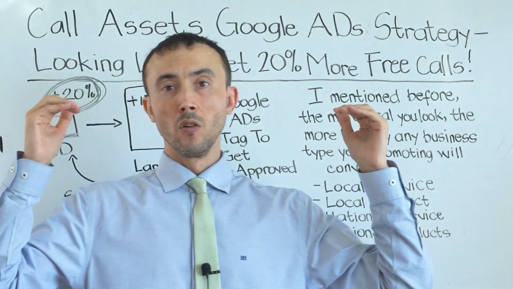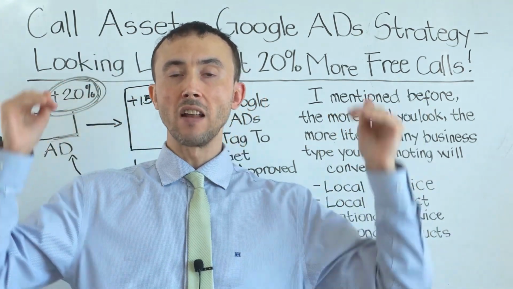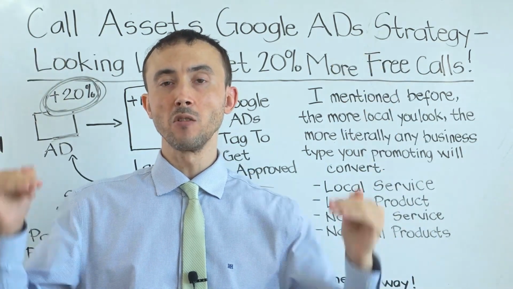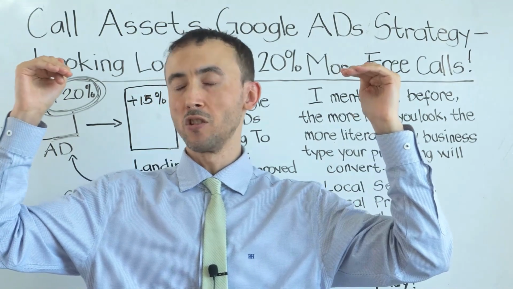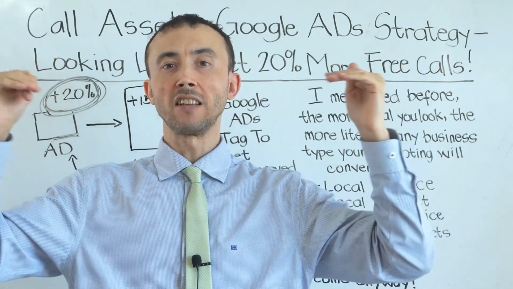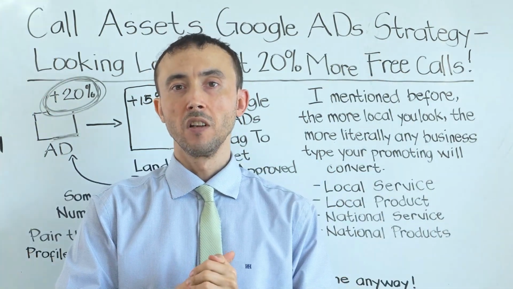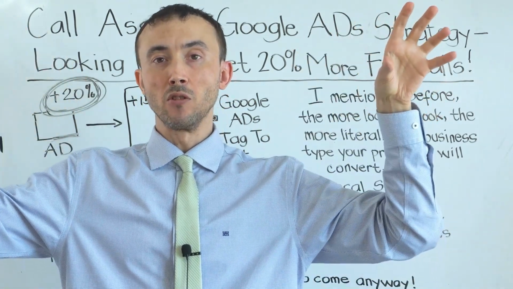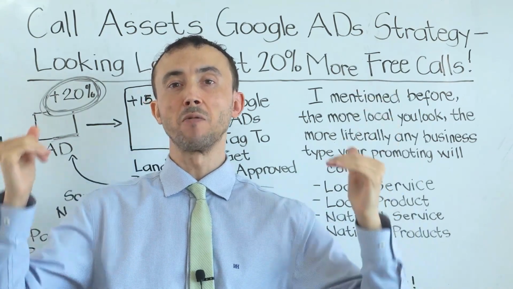We'll have the campaigns broken down so that we have different campaigns for different area codes, so that the call extension or call asset always has a local phone number. And of course we also have the ad say the name of the user's city as well. So we even break it down further than that.